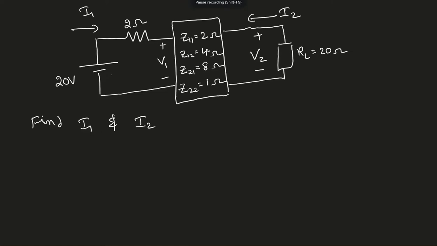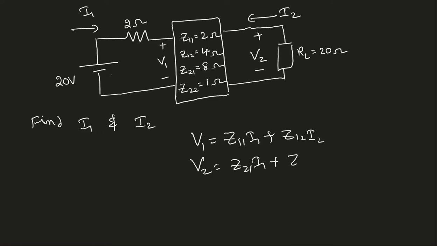First thing you need to know, you have to remember these formulas. V1 equal to Z11 I1 plus Z12 I2. V2 equal to Z21 I1 plus Z22 I2. You have to remember these formulas.